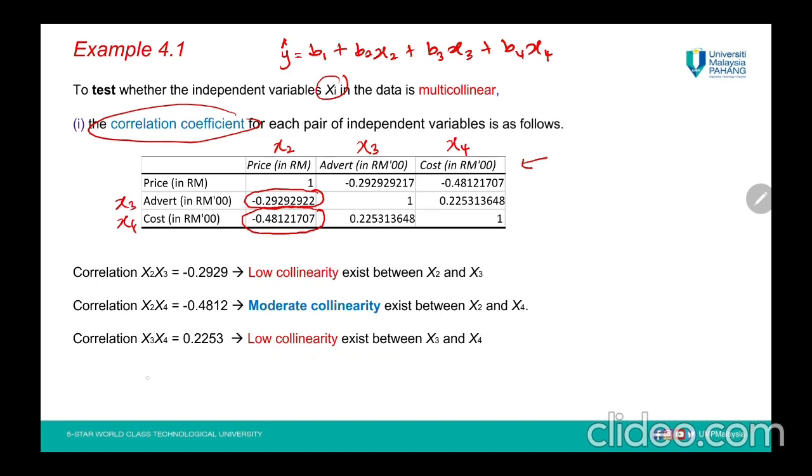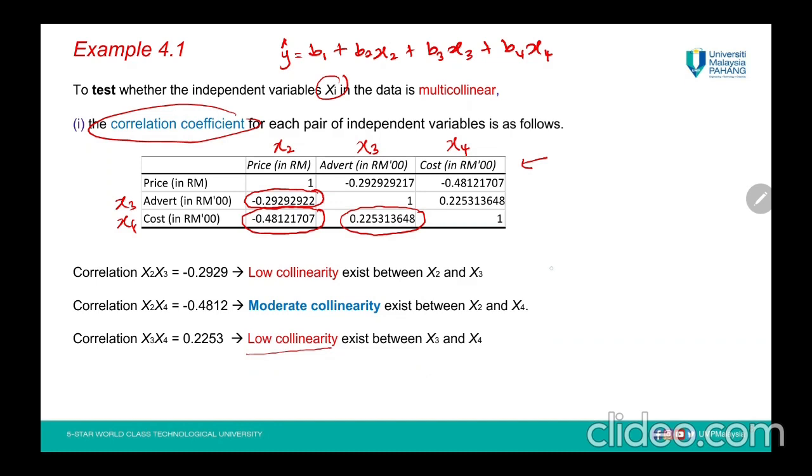While to get the correlation between x3 and x4, we can get it from this part. It will give us the value of 0.2253 at 4 decimal places, and this value indicates that there is low collinearity between x3 and x4.